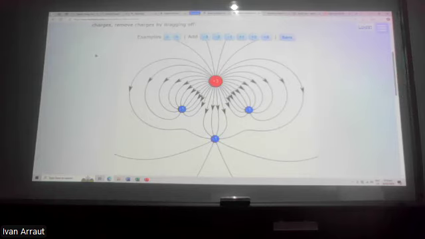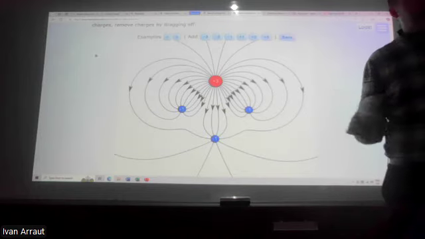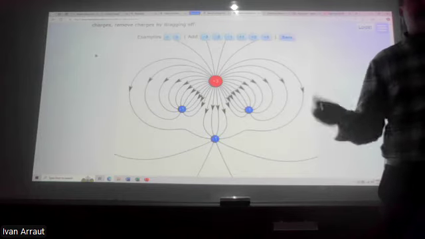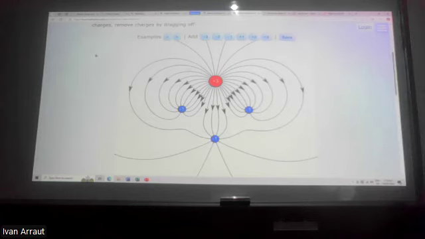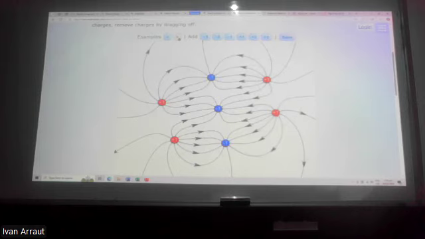This is what I was saying before. The air is more or less like that. It's microscopically neutral. Of course, if you go microscopically, you will find differences, polarization of charges, etc. This is another example. This is more complicated, but still I think it's not difficult to do as far as you know the rules.